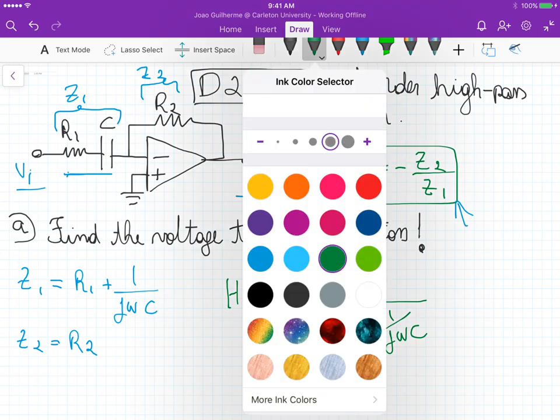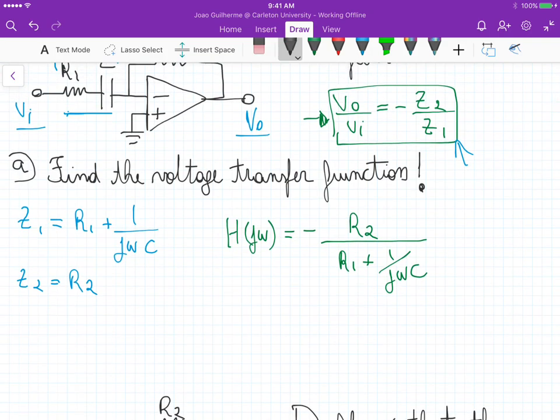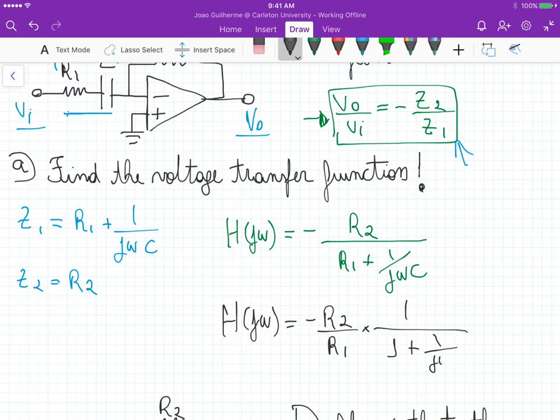That's just a way to simplify the equation, right? So H of j omega is equal to minus R2 over R1 times 1 over 1 plus 1 over j omega C R1. Okay, so that's the voltage transfer function.